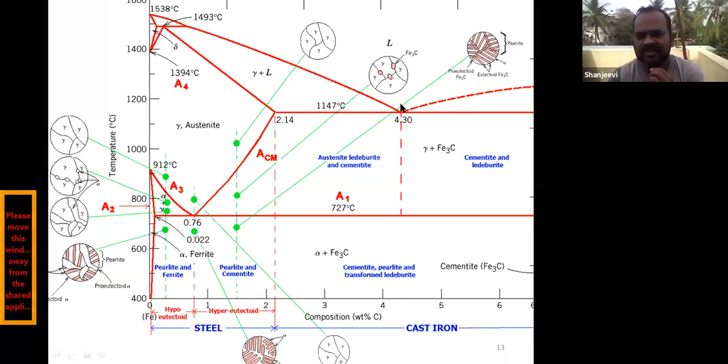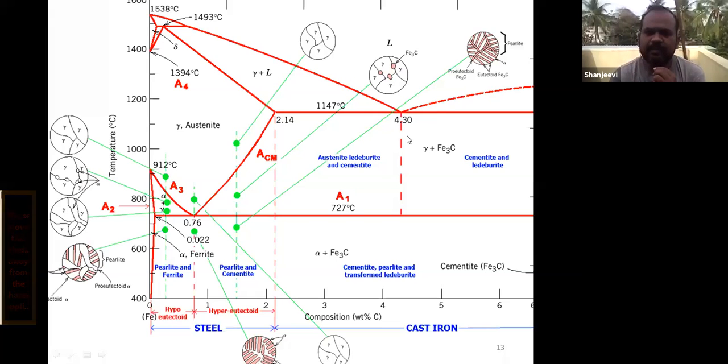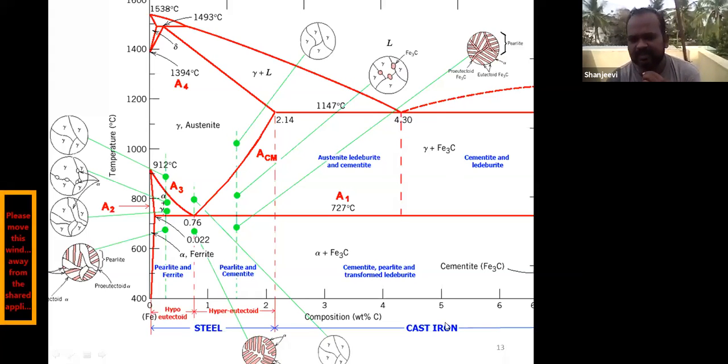Then the next, the eutectic reaction, is at 4.3 percent carbon. Above this point it is liquid. Below we can see austenite plus cementite, because adjacent is austenite and on the right side the major percentage of carbon is there, so cementite: gamma plus Fe3C.